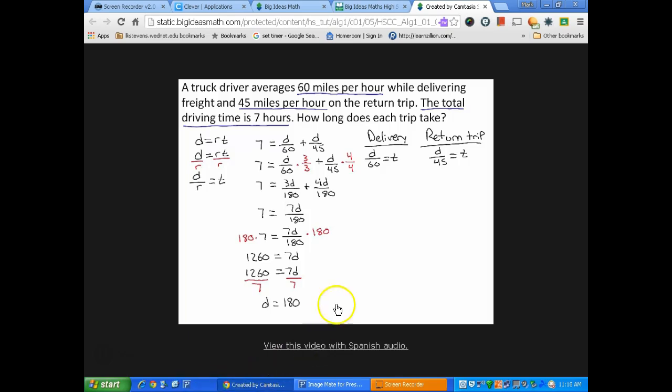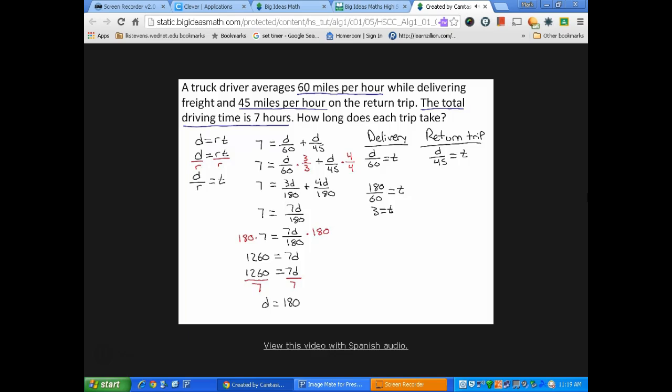Well, let's go back over here. We know D equals 180. How do we find our delivery time? Divide 180 by 60. We plug in 180 for D in both of those, and we find out. Substitute 180 for D in the equation D divided by 60 equals T to determine how long the delivery takes. 180 divided by 60 equals T, which simplifies to 3 equals T. Jason got it right?